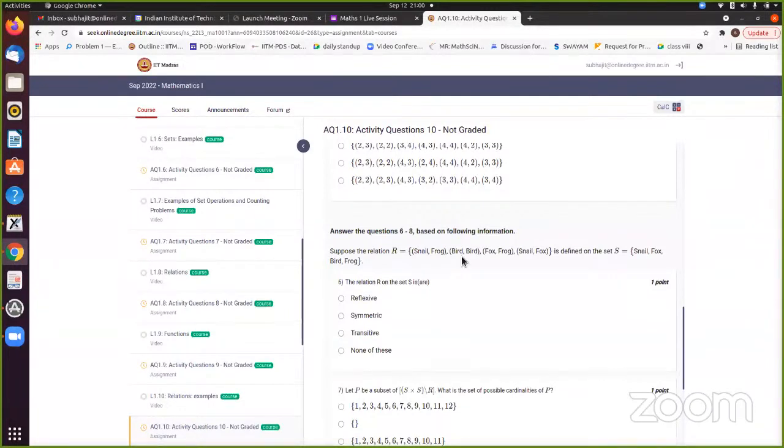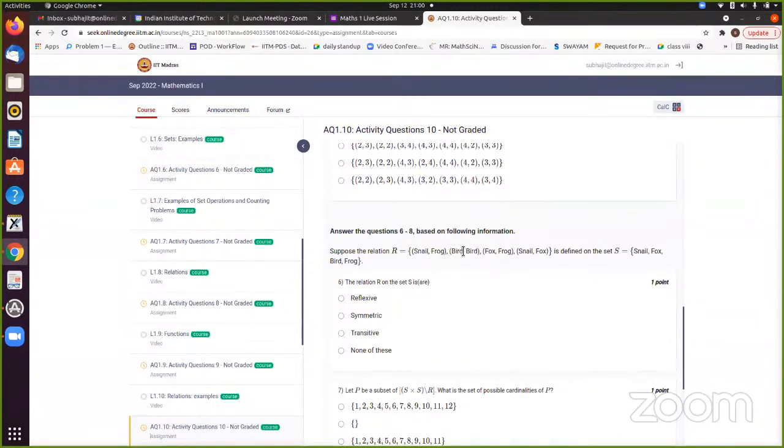Let me complete this discussion. Have you got why three elements are needed? So how many elements should we add to make it symmetric? Snail frog is there, but frog snail is not there, right?